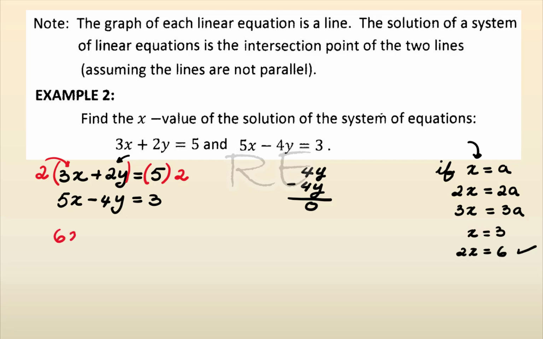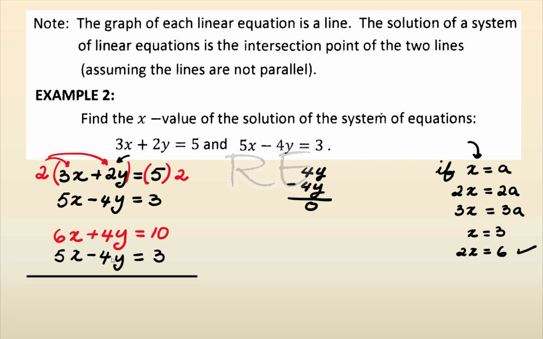Notice that when we do that, the equality doesn't change. 2 times 3x, 6x, and 2 times 2y, 4y. 2 times 5, 10. The second equation stays the same. 5x minus 4y is equal to 3.